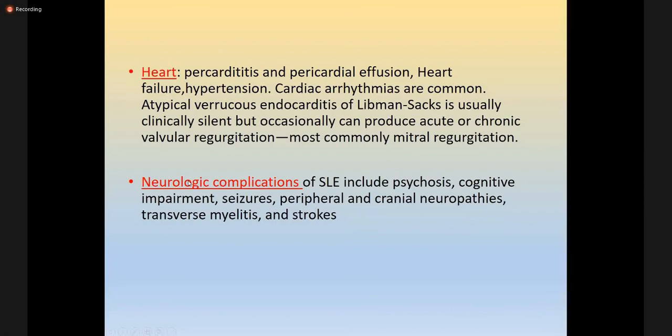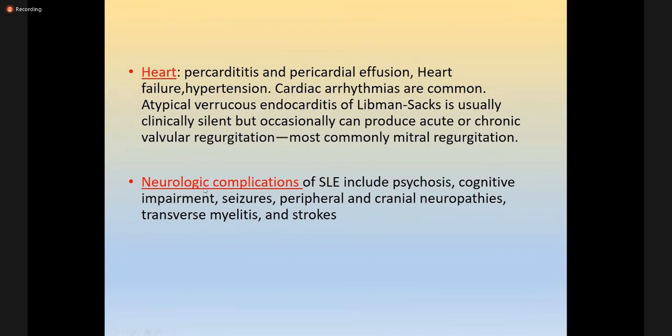Then comes the central nervous system involvement. The central nervous system involvement in case of SLE has a variety of symptoms which can come under the cover of SLE. It may simply be a psychosis, there may be depression, there may be cognitive impairment, the patient's cognitive skills would be impaired.